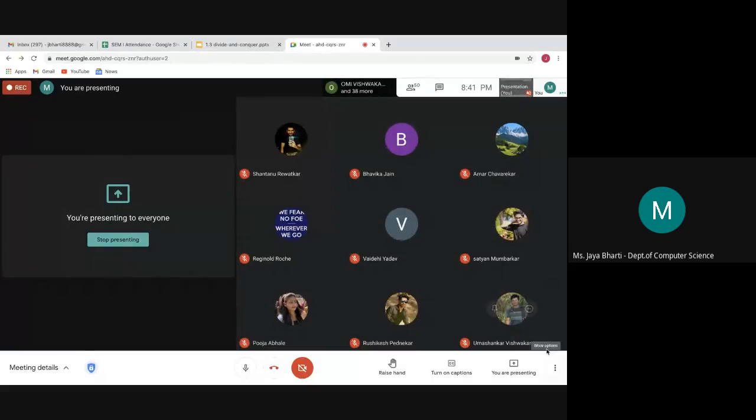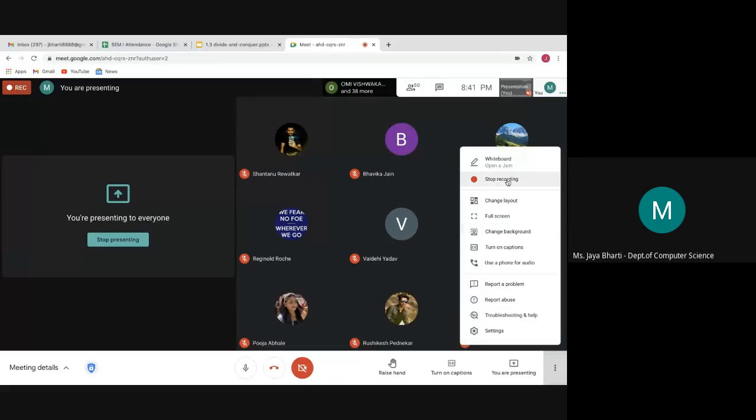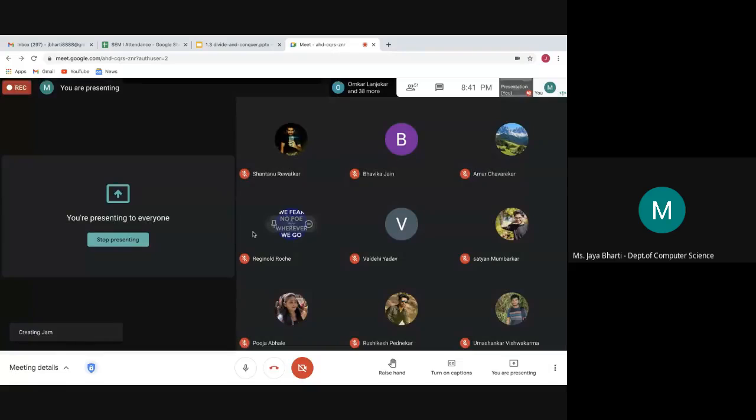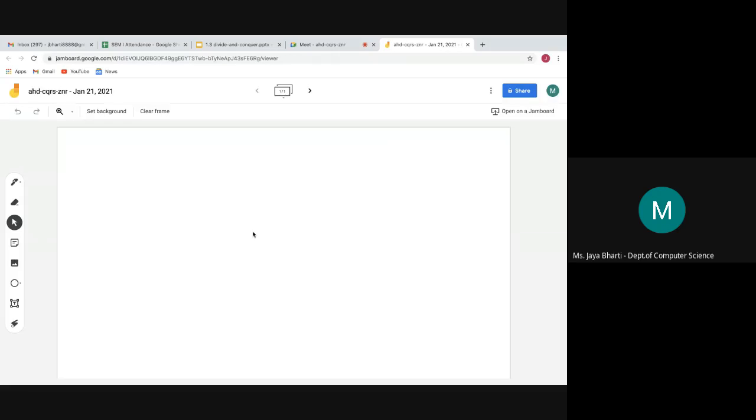So root 2, or any root value, by default the base is 2 here.